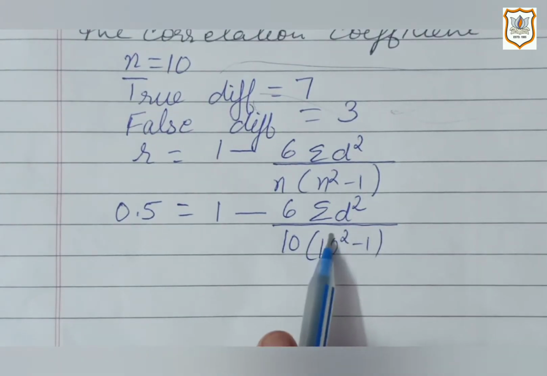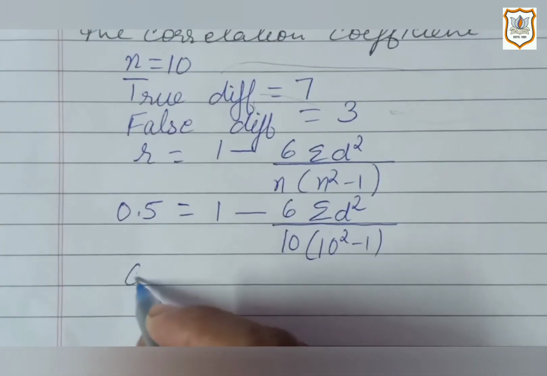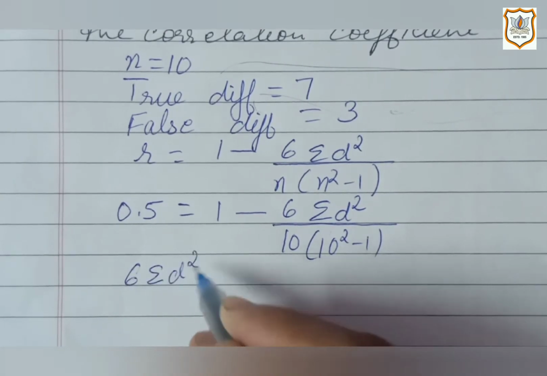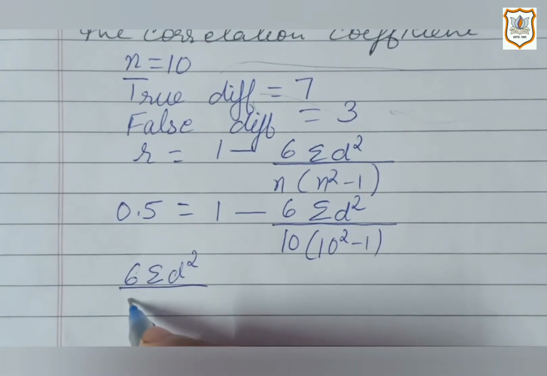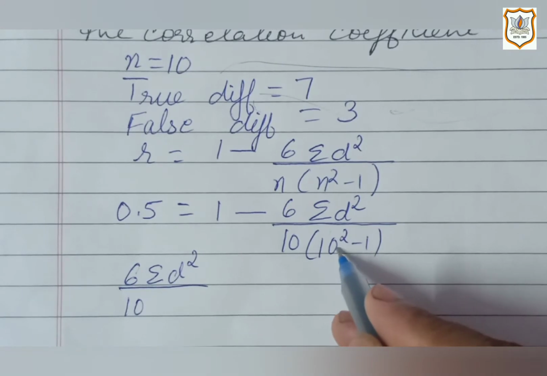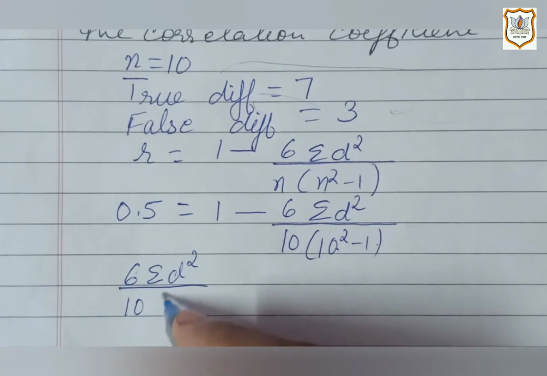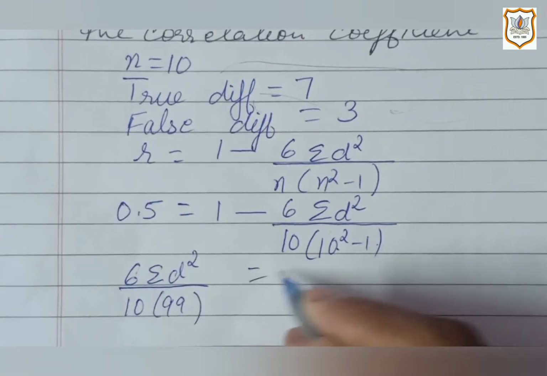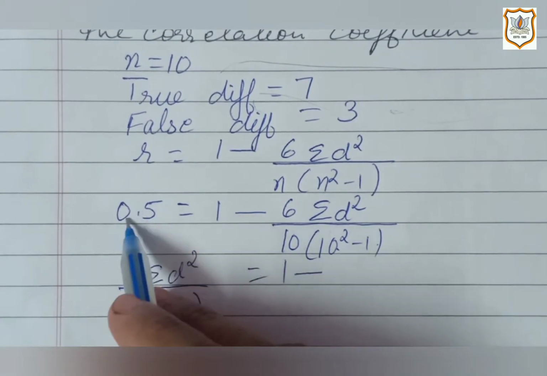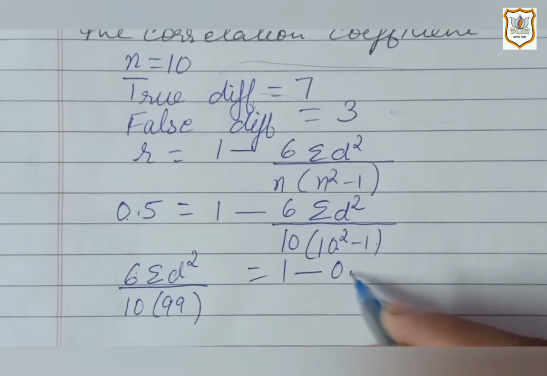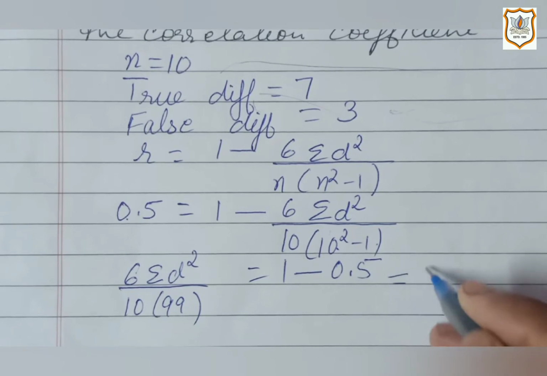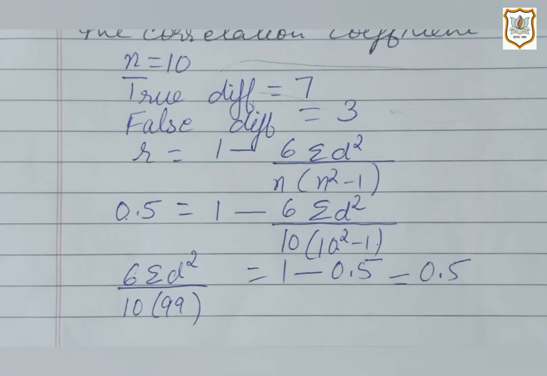So when you take this term to that side, it will become positive. So 6 sigma d square divided by 10 square, which is 100, minus 1 is 99, is equal to 1 minus 0.5, which is 0.5.